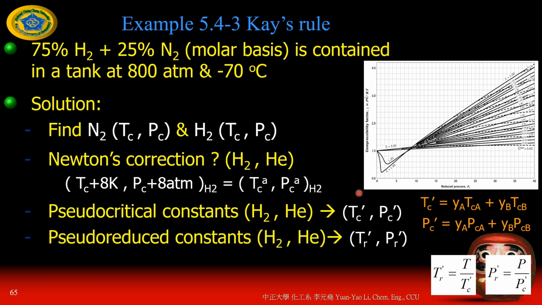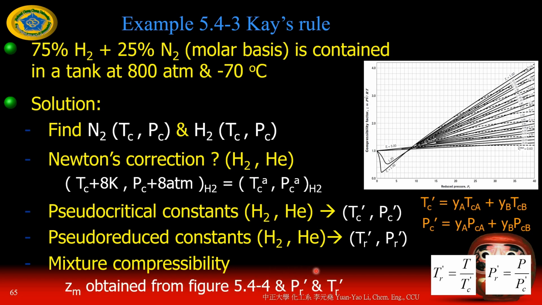Once you know the Tc prime and Pc prime, you know the pseudo-reduced constants, Tr prime and Pr prime. And once you know Pr prime and Tr prime, you know the Zm. Once you know Zm, you go back to PV equals Zm RT, and you get the answer.